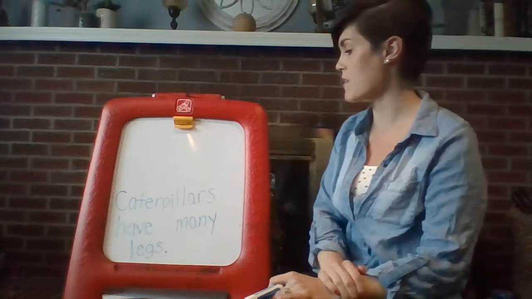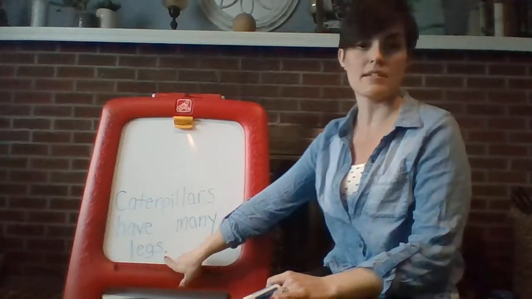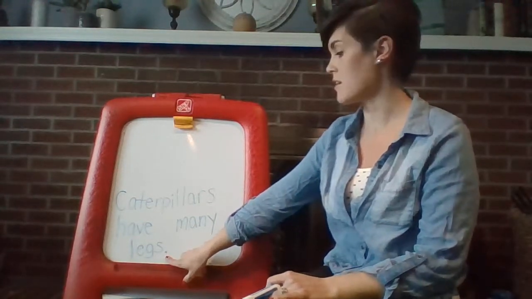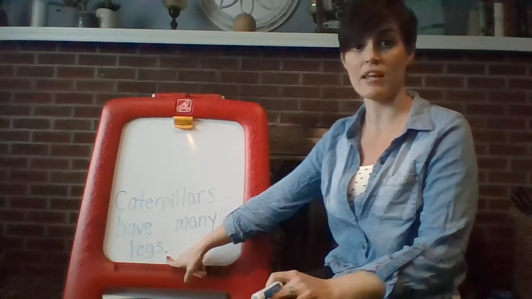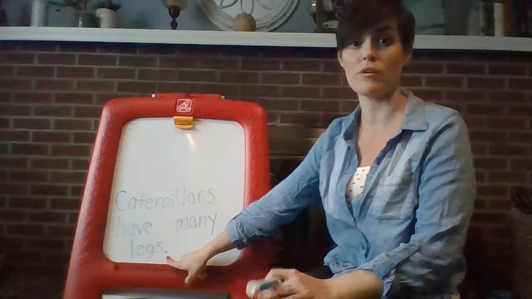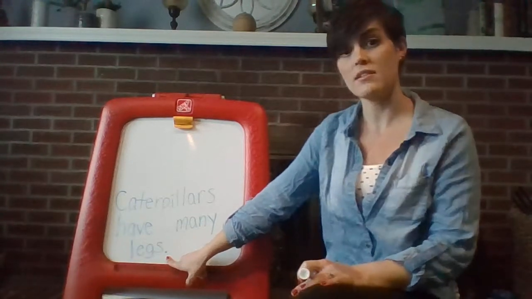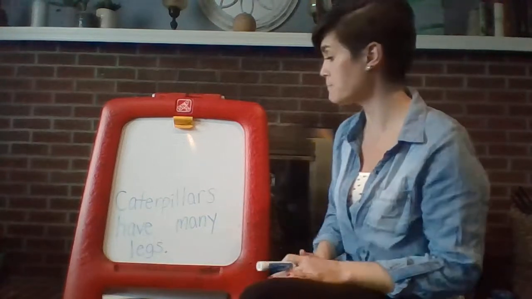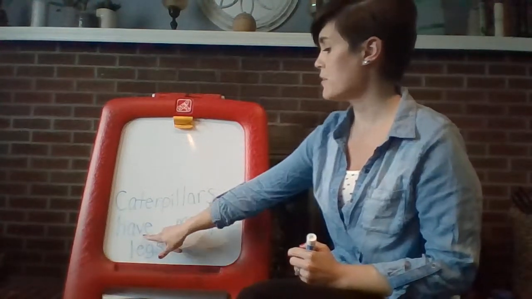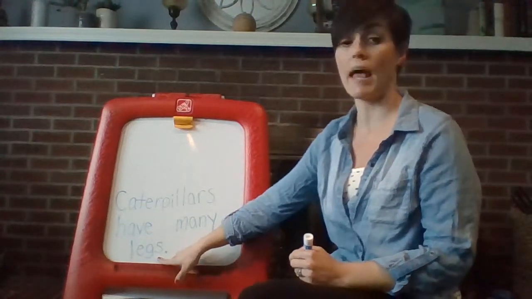So yes, I have my finger spaces. And does my sentence end with a period? Yes, it does. My sentence will have a period at the end because it's not asking any questions. When we're writing informational books or informational sentences, we're telling information. So we're just going to end with a period. Caterpillars have many legs.